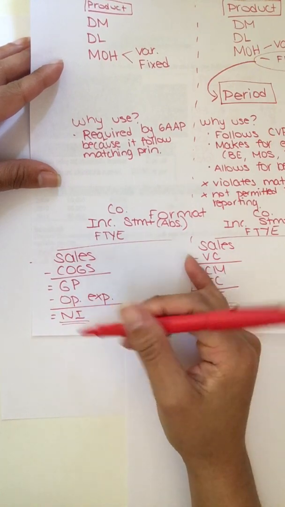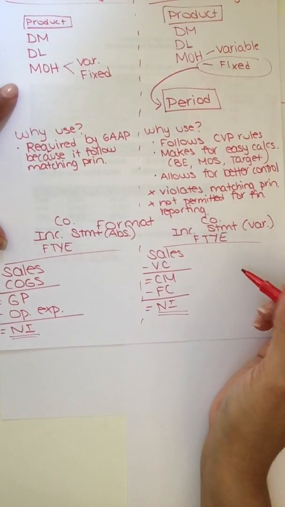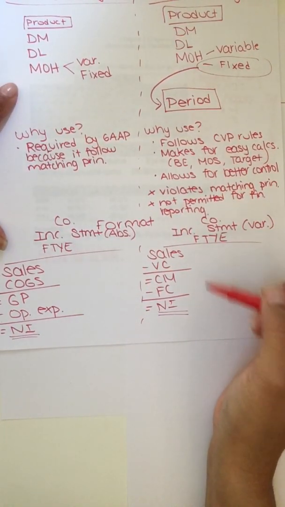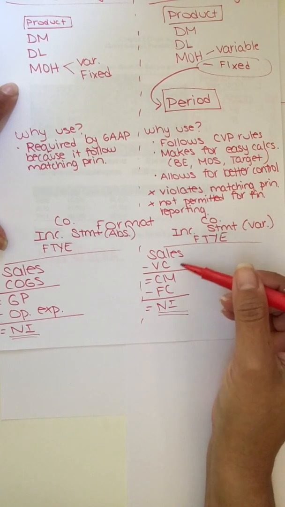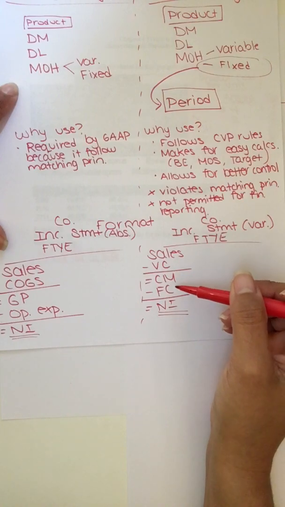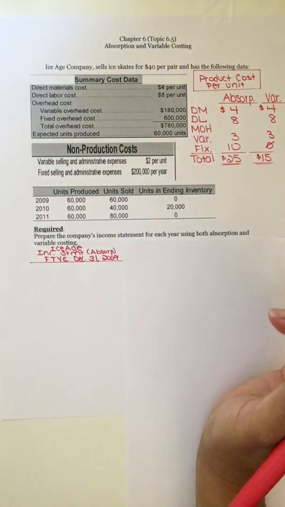That's the format you were familiar with in Accounting 1A. Whereas the variable income statement has the contribution margin format you were introduced to this semester: sales minus your variable costs gives you contribution margin, minus your fixed costs gives you net income. Okay, so we're going to start with absorption.